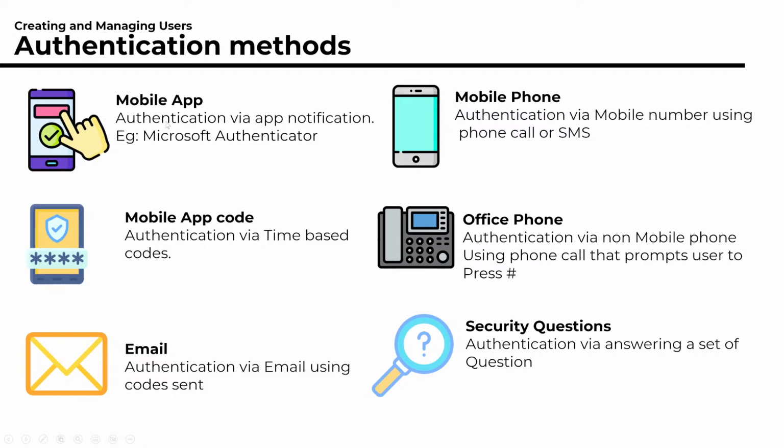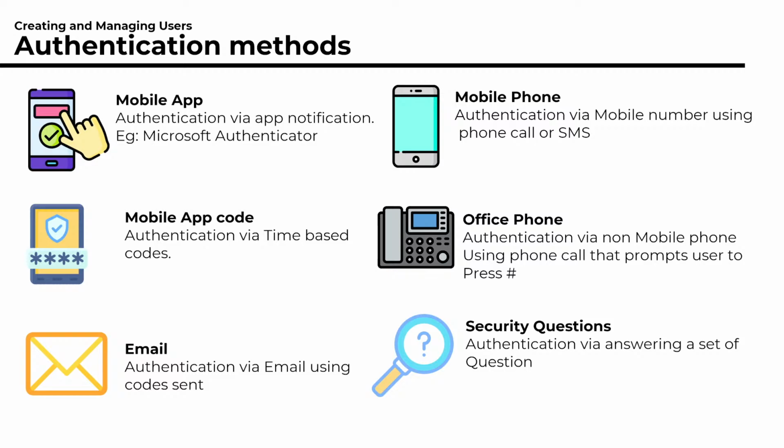So how do we authenticate through the mobile app? Let's assume we have a third party vendor. In this case, let's assume we have the Microsoft Authenticator. Microsoft Authenticator is an authentication tool where the user registers in the mobile application. Whenever he wants to authenticate, he can select the authentication method as mobile app, and configure his account in the Microsoft Authenticator.